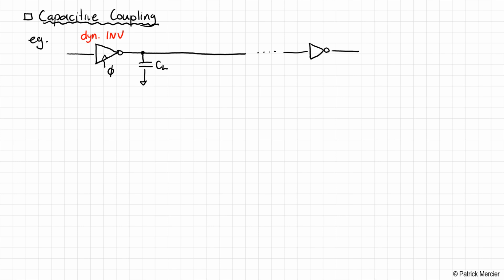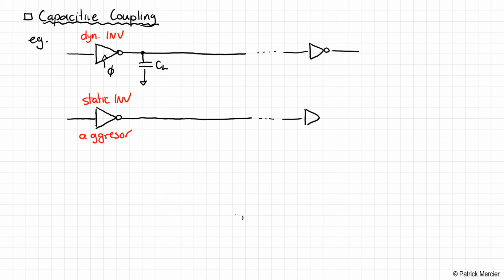And then somewhere next to this circuit, we have a static CMOS inverter. Okay, and we know that it's static because there's no clock coming into it. So this is a static CMOS inverter, and we're going to call this the aggressor. Okay, so this is also driving some long wire on the chip. The wire has some sort of load and so on. Now these wires, for layout reasons, happen to be very close to each other.